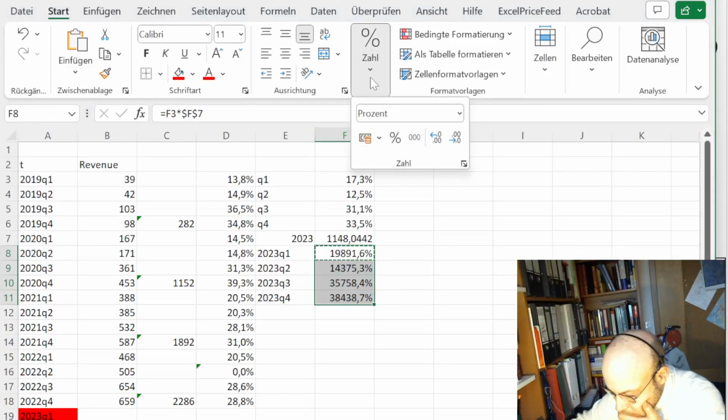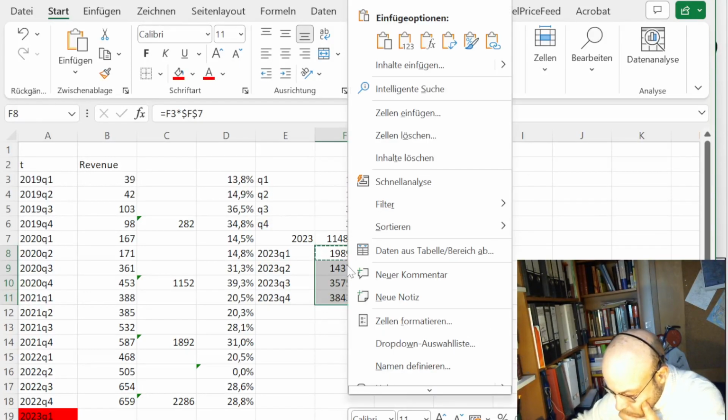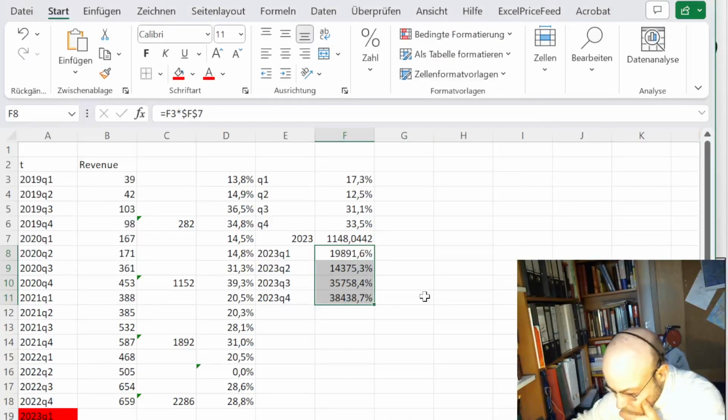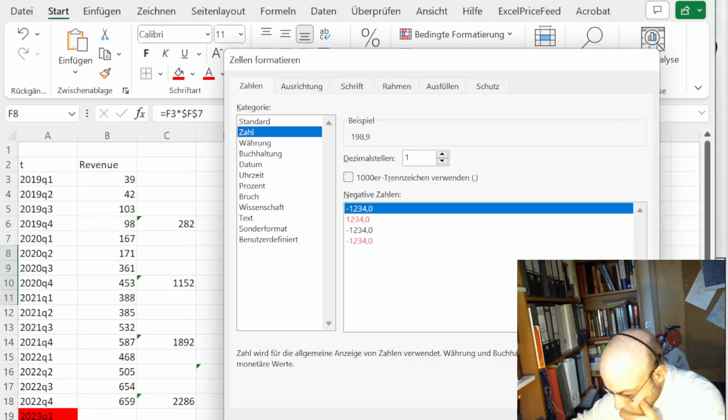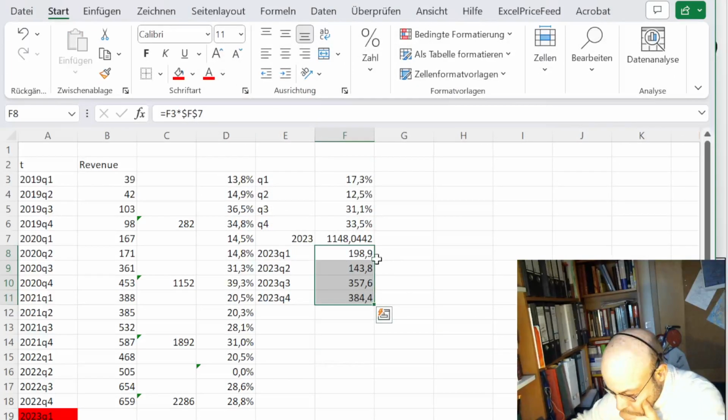And not percent, but this one. And then we have our forecast of 198.